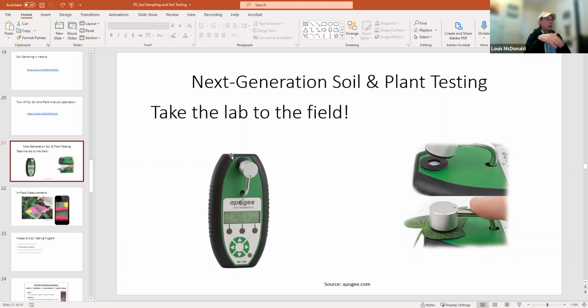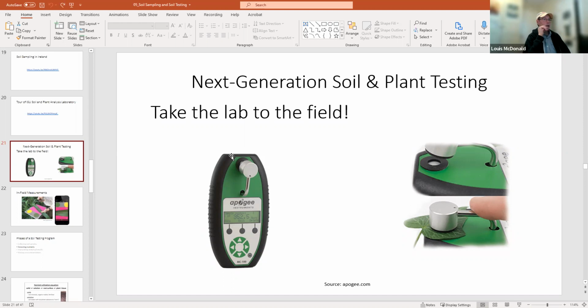And I want to start introducing you to some of them that I have, both to pique your interest in those and to alert you to what's coming down the road, and in case you want to use them for your projects. So this is a chlorophyll meter, and I have this one, and you are absolutely welcome to use it.